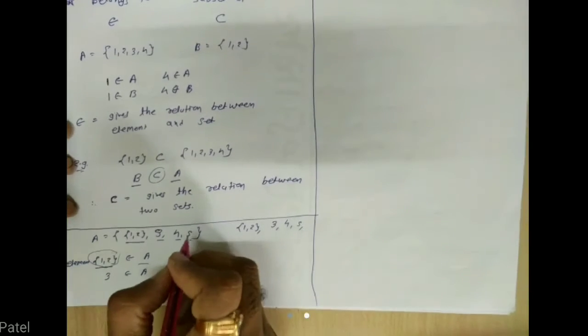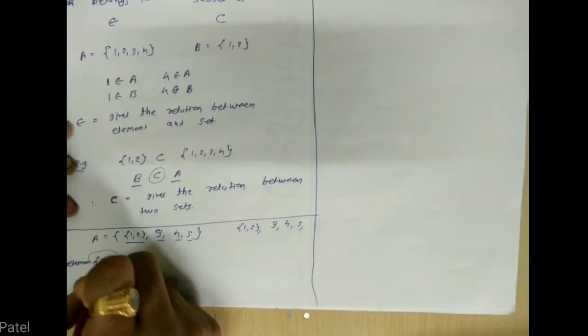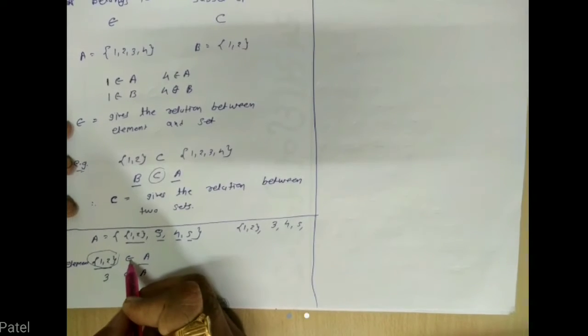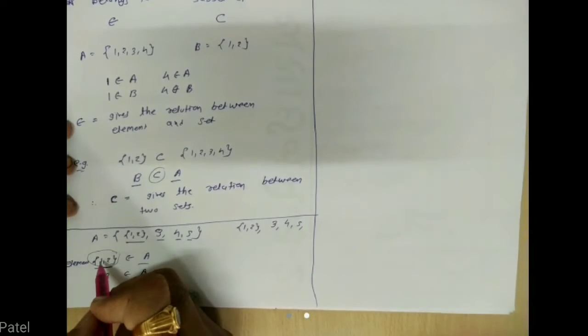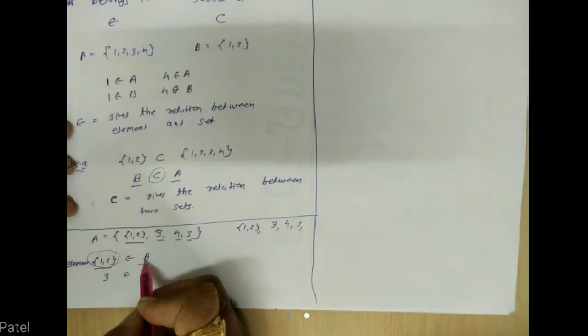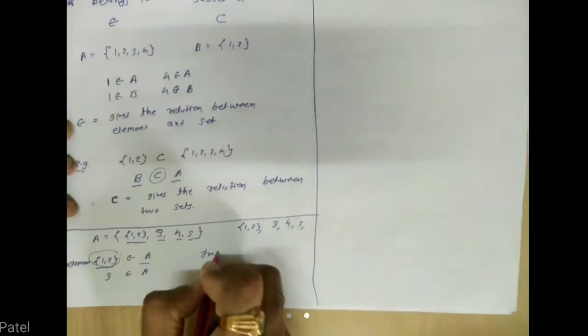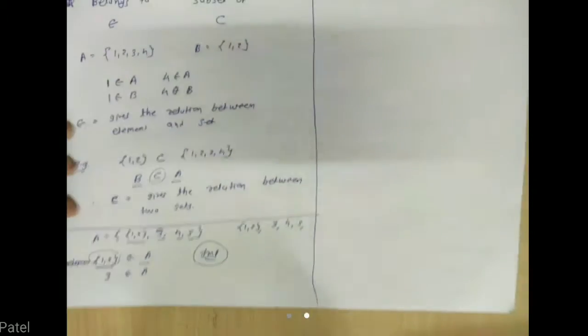In context to this question, this {1, 2} is our element. This is the element of set A. So this belongs to sign gives the relationship between element {1, 2} and set A. Clear? So this should be kept in mind. This is the important concept.